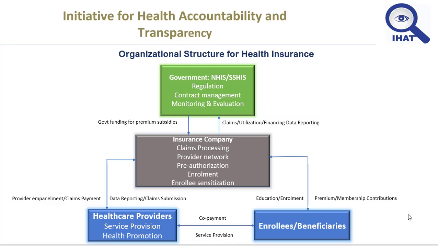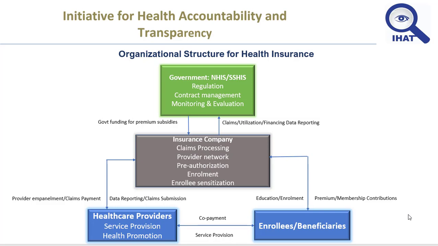The insurance company services to the enrollees include education, sensitization of their rights and benefits, and even enrollment of new beneficiaries and upgrade of existing ones. While the enrollees have the function of paying their premium to the insurance company and submitting their membership contributions to them.